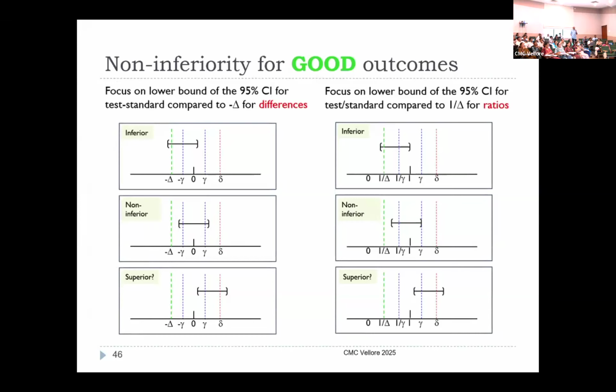Now, the other thing that I wanted to show here is the relative size of these things. The little delta for superiority is usually big because you want to have a big effect to show it's better. For non-inferiority, you have a much smaller difference from 0 or from the ratio of 1. But the gamma is a whole lot closer for equivalence.